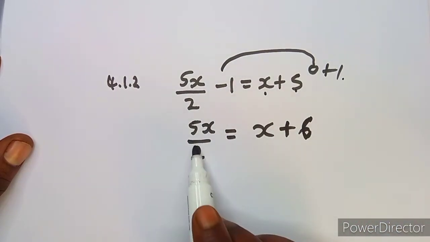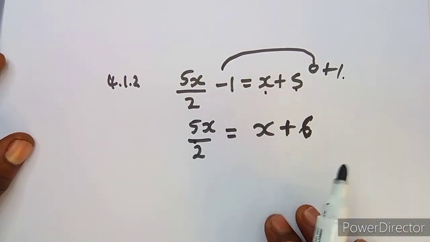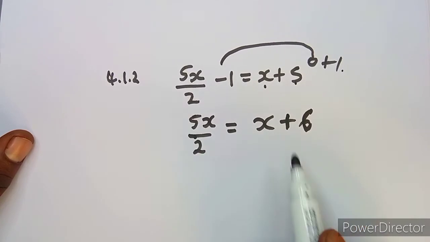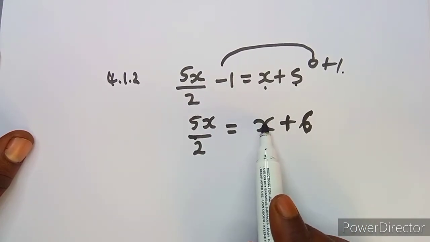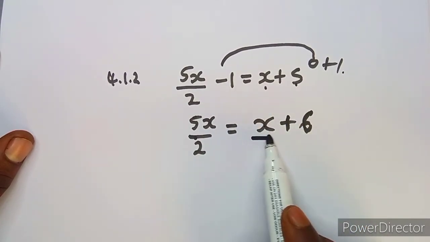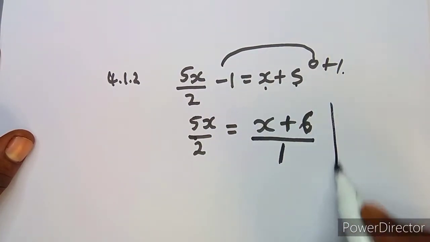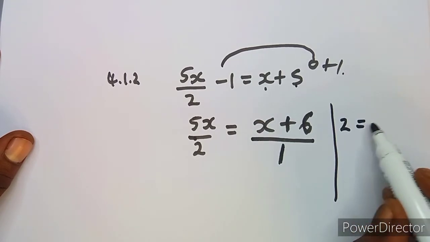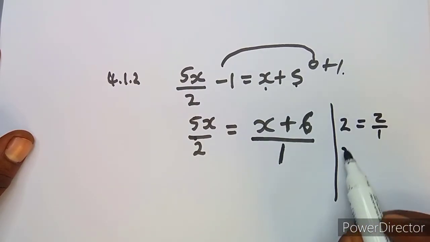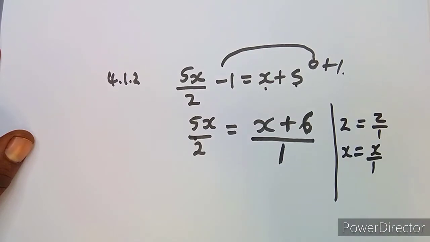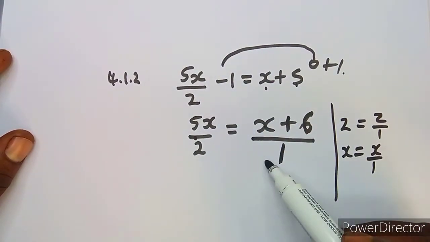As you can see, here I'm having a fraction, so I can actually cross multiply. How do I cross multiply? This is x plus 6. As a fraction, it is the same as everything like this over 1. Guys, it's one and the same thing. If you are given a number like 2, 2 is the same as 2 over 1. x is the same as x over 1. So now I can cross multiply.